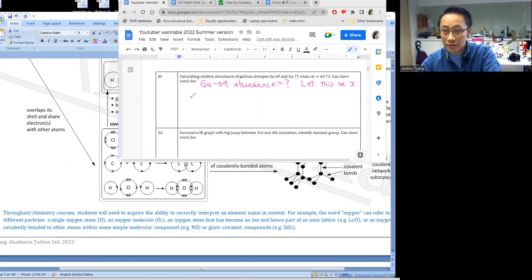I'll just write 69 times X, and recognizing that gallium-71, which makes up the remainder of the isotopes within the sample, has an abundance that can be represented by 1 minus X.